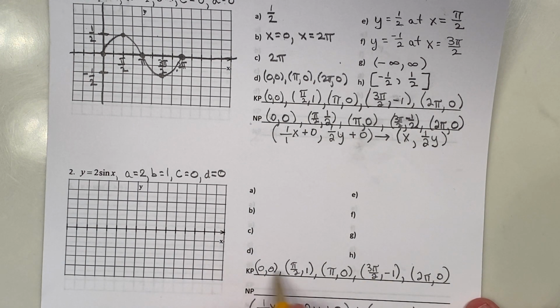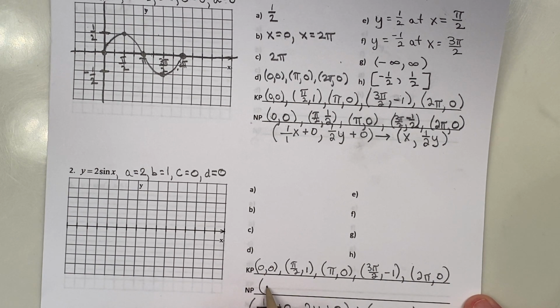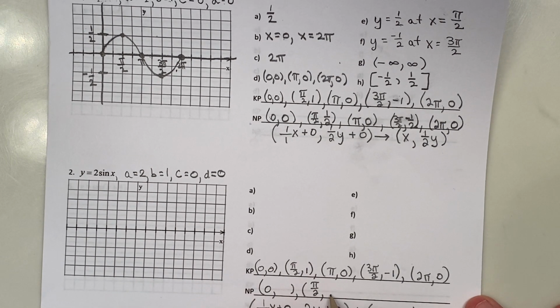I'm going to keep the x's and double the y's. So you could either populate all the x coordinates first and then come back and do the y's, or you can finish one complete point. It's up to you.